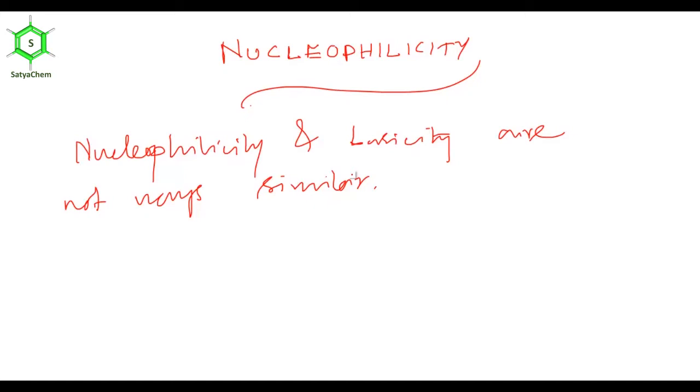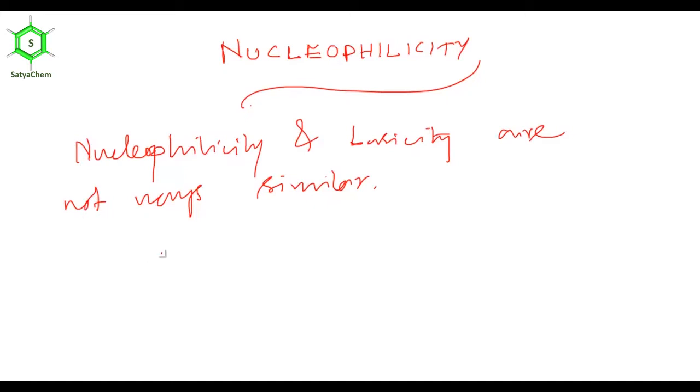Basicity is defined in terms of the position of an equilibrium reaction with a proton usually. If we consider the Bronsted-Lowry concept, the proton acceptor is the base and the proton donor is the acid. Therefore, while nucleophilicity is used to describe trends in the kinetic aspect of a reaction, basicity is related to thermodynamics, because basicity is defined in terms of the position of an equilibrium reaction with a proton usually.